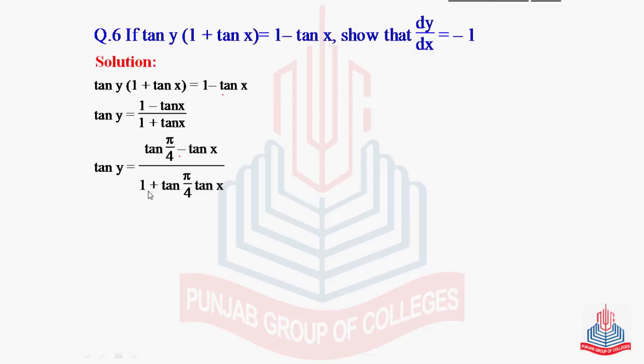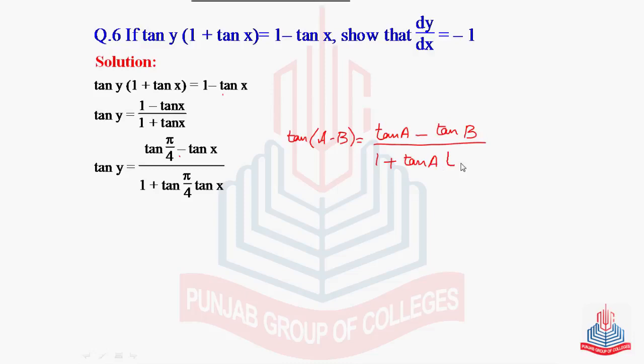This tan x will be as it is, and this tan π/4 will multiply with tan x, so it will remain tan x, as the formula of tan(a − b) is equal to (tan a − tan b)/(1 + tan a tan b).